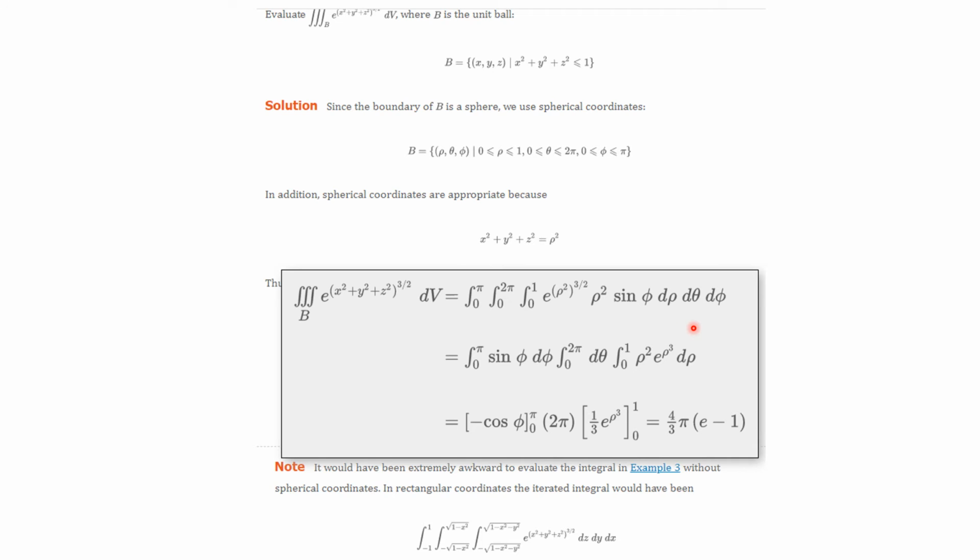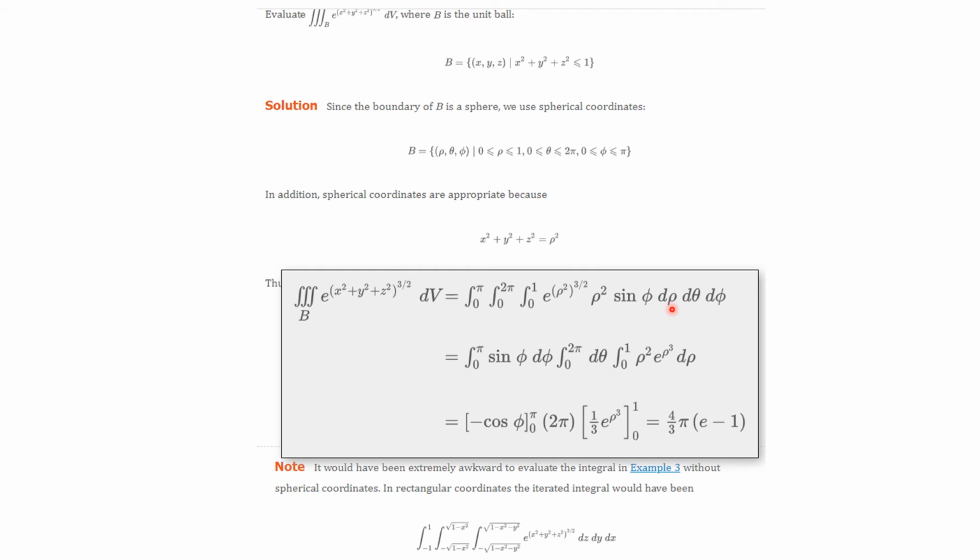Just doing direct substitution, and notice that I put dV to be rho squared sine phi, d rho, d theta, d phi. And by the way, in the same way that you often in polar coordinates integrate first with respect to r, it is often the case that you'll integrate first with respect to rho here.